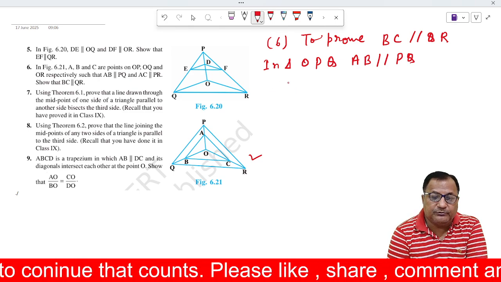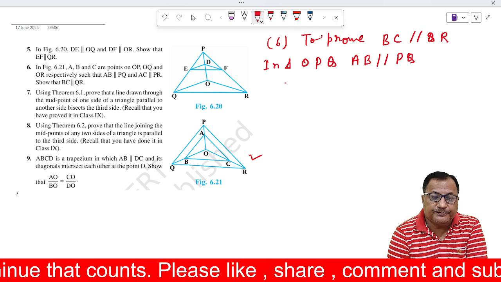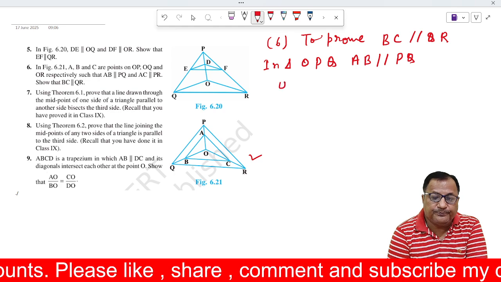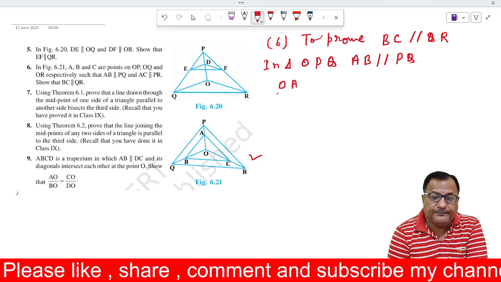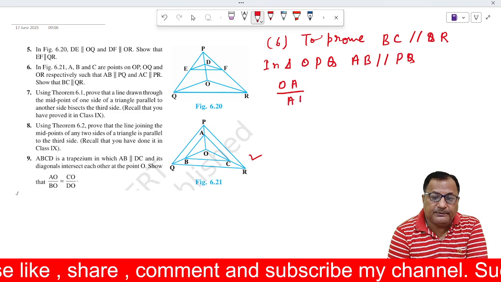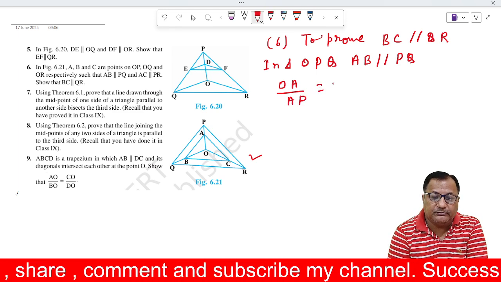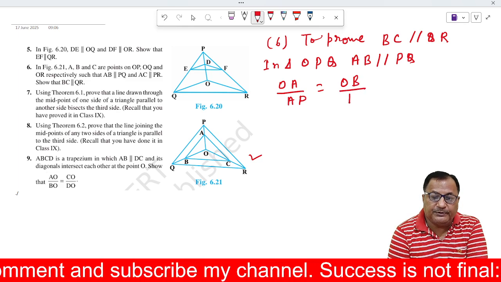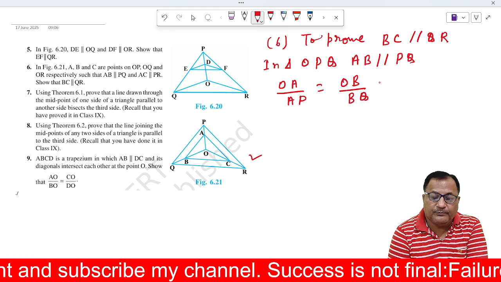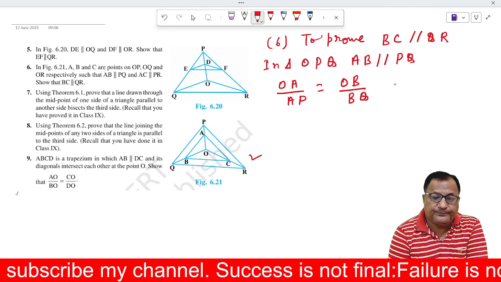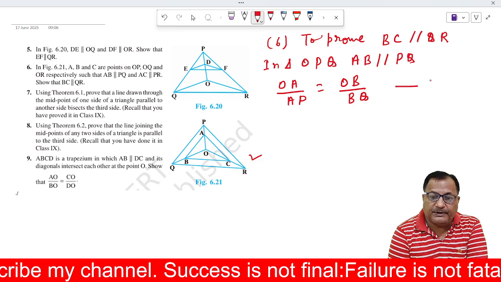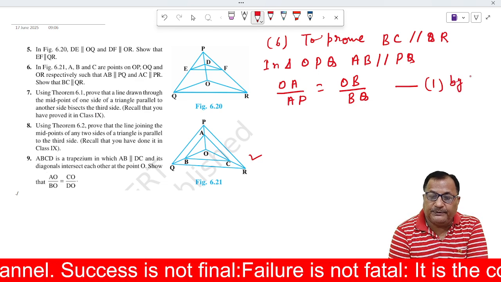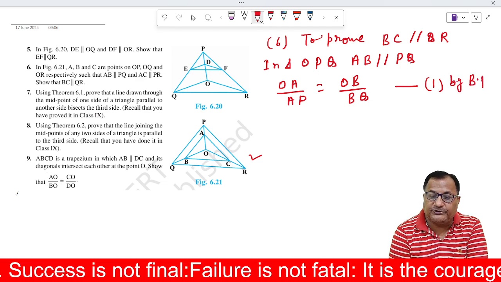So according to BPT, AB parallel PQ means OA by AP is equal to OB by BQ. This is first, by the basic proportionality theorem.